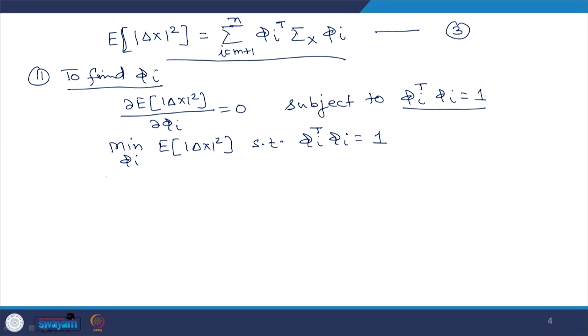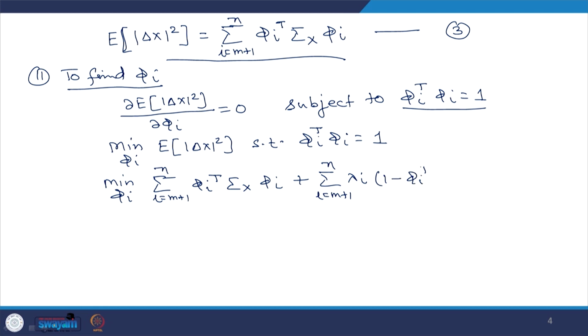So, by using Lagrange multiplier, what I can write? I can include this condition here. So, minimize phi i transpose covariance matrix into phi i plus summation i equals to m plus 1 to n lambda i times (1 minus phi i transpose into phi i).